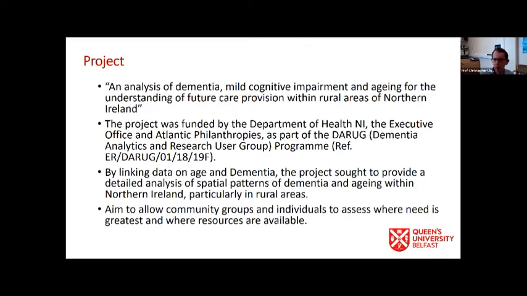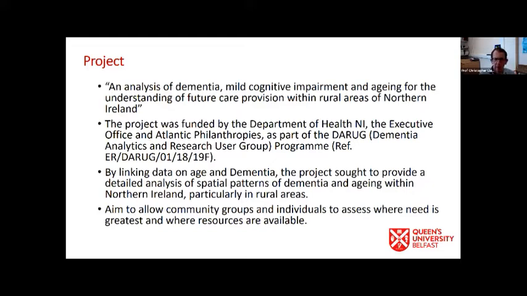And I think there were probably one or two people associated with DARUG who were sitting in on this seminar. So that's Dementia and Analytics and Research User Group, for which there were a variety of different projects that used data connected to or on dementia to try and enhance services or to understand better the nature of need.